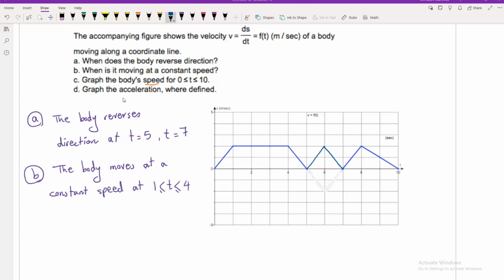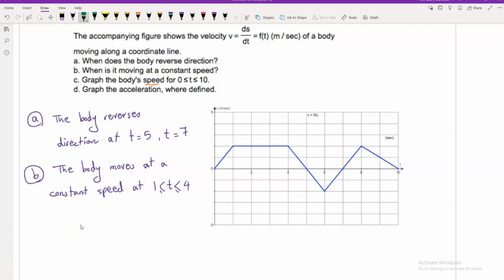Now I'm going to work on part D, graphing the acceleration where defined. So I'm going to raise this part and have what I had for our velocity.